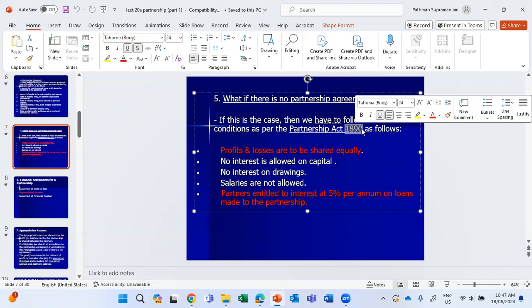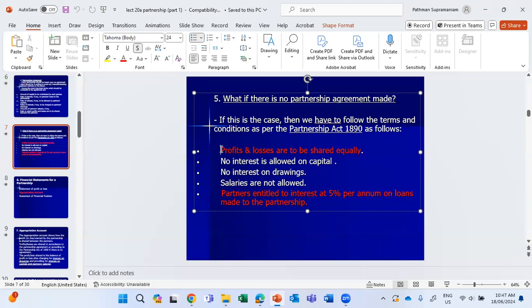During that time, there was a case brought to the court where there was no agreement made, and the partners were disputing about how to share the money. So at that time, the judge decided to solve the case in the following way.